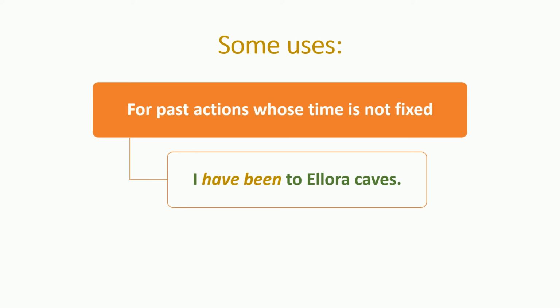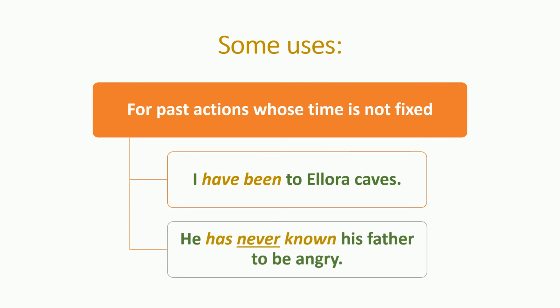In this case also, we can use present perfect tense. Look at this second example. He has never known his father to be angry. Here, the word never is added between auxiliary and main verb. It is just to make the sentence negative. It does not have any other function to perform.